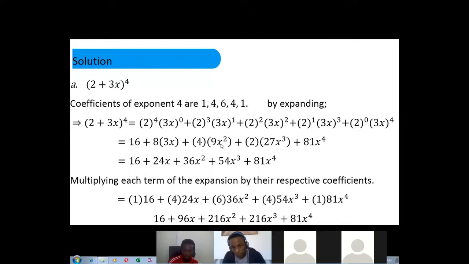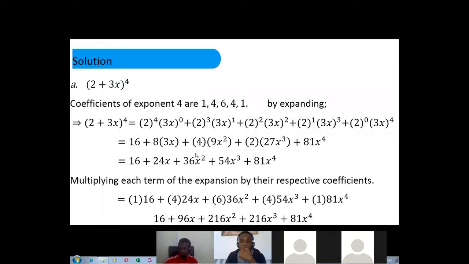So here we're going to get 9x squared. Then 2 exponent 1 will give us 2, and 3x all cubed will give us 27x cubed. Then the next time we have 2 exponent 0 being 1, and 3x all exponent 4 giving us 81x exponent 4.